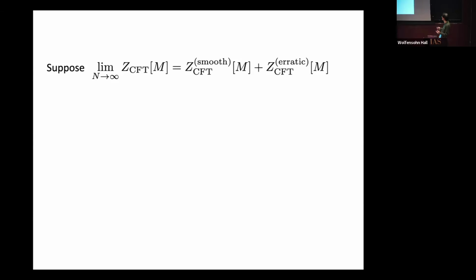You can define this rigorously mathematically, which I will not do here. Heuristically, this means when you go from N to N plus 1, things can be wildly different, an order 1 difference. I also allow the situation that this erratic part can be exponentially small compared to the smooth part. Even in that case, we should still consider them.